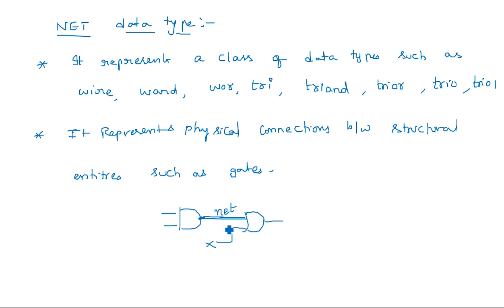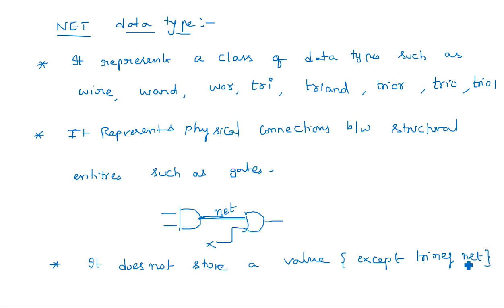It's a physical connection between two gates, and it does not store a value, because it does not have any memory element. Except for the trireg net, all the remaining ones have no memory.